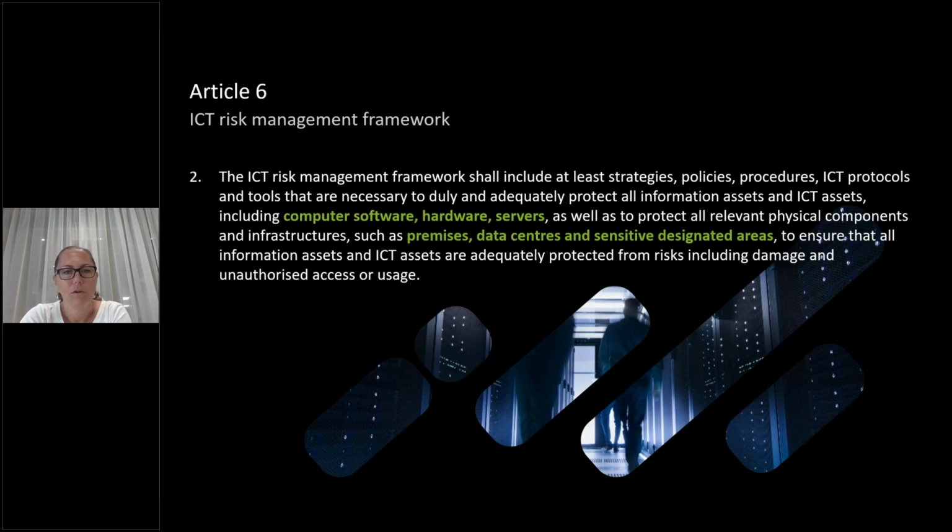So asset management is mentioned in Article 6 and then in more detail in Article 8. In Article 6, you can see that you should map everything down to the level of hardware and servers from the top of the business processes and business products.